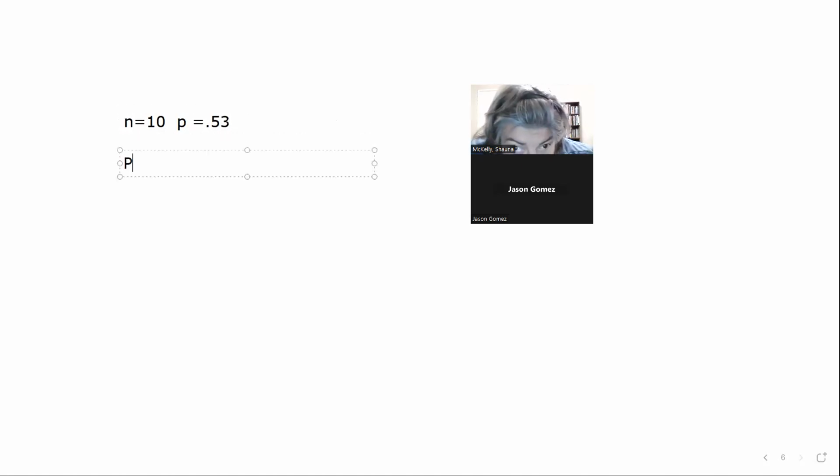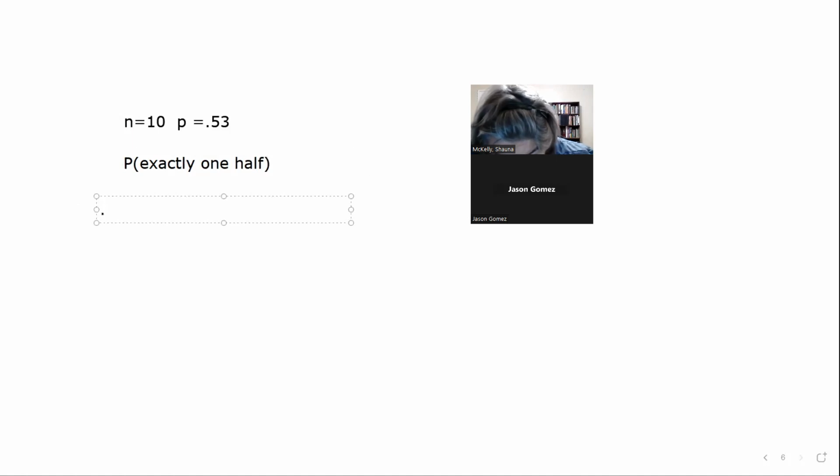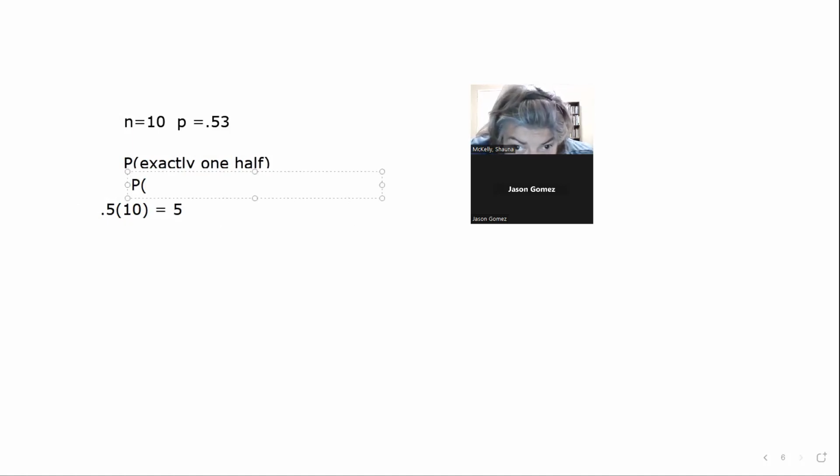And you want the probability that exactly half, exactly 1/2. Okay, so then you said, well, this is 0.5 times 10, and that's correct. 0.5 times 10 is what? It's 5 people, right? Yep. So this means that when you write this, this is the probability that X is equal to 5, right?